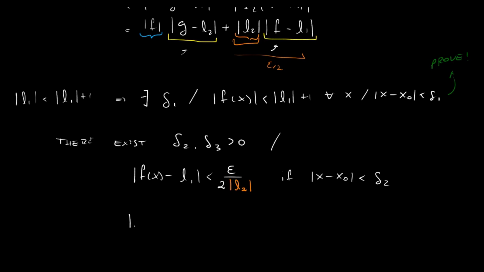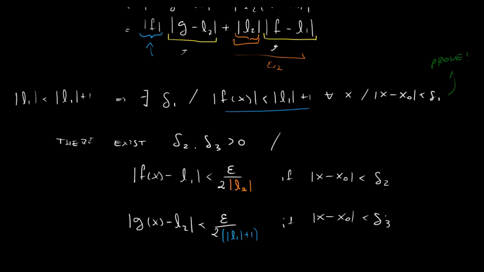But also, using the definition of the limit for g, we know that the absolute value of g of x minus L2 will be smaller than epsilon divided by 2 times the absolute value of L1 plus 1, because that is the bound we were able to find for f, and we have here this f. This will happen if the absolute value of x minus x0 is smaller than delta 3.